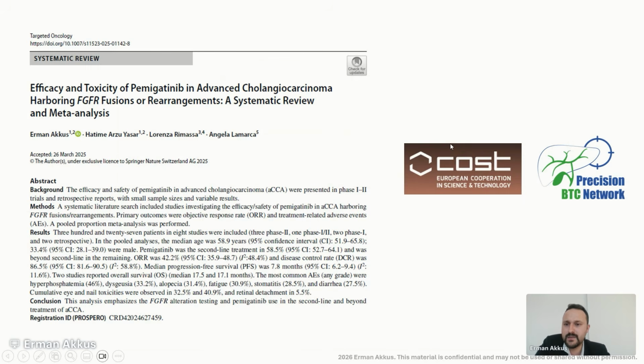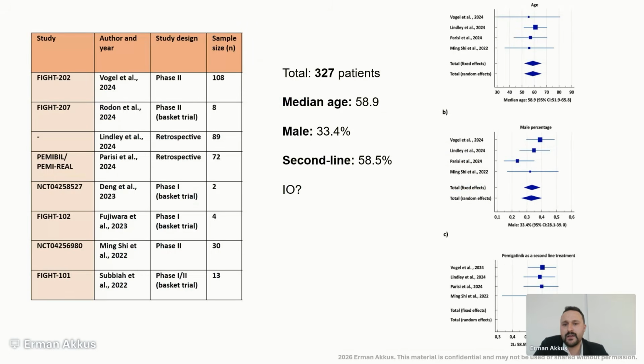But the oldest drug is pemigatinib, and we did a meta-analysis pooling the available data of pemigatinib based on the Precision BTC network study, and it included 8 studies and a total of 327 patients, and female gender was predominant. 60% of patients had received pemigatinib in the second line, and the remaining received it in third line and beyond.